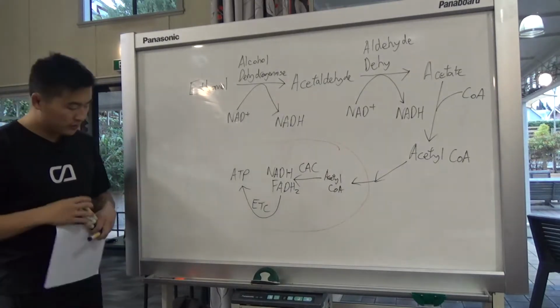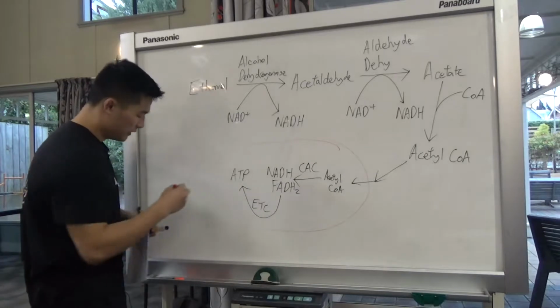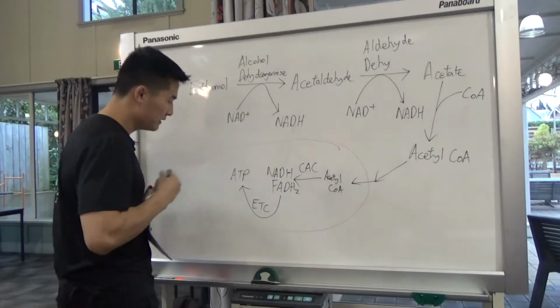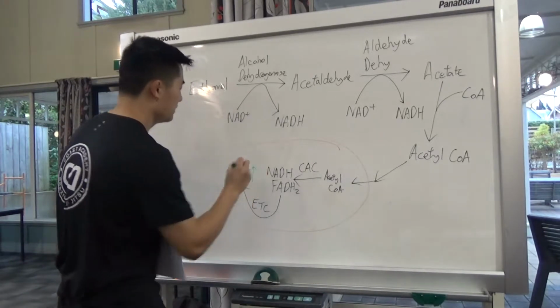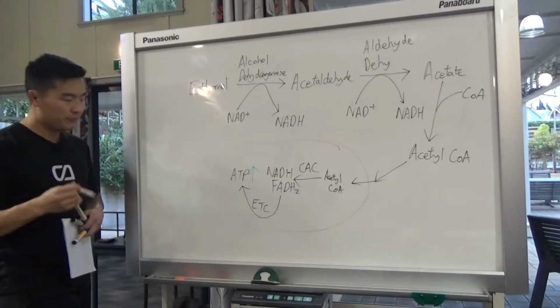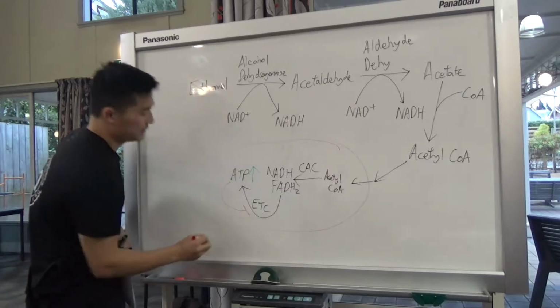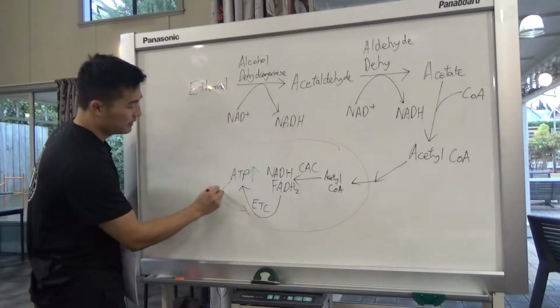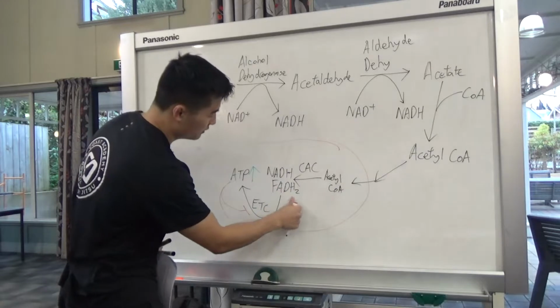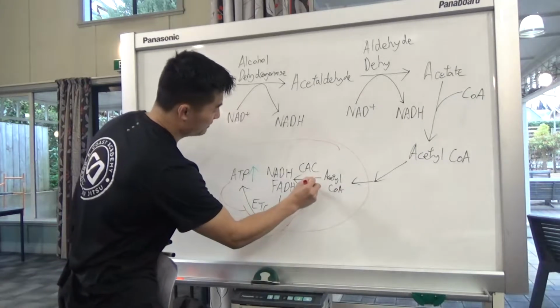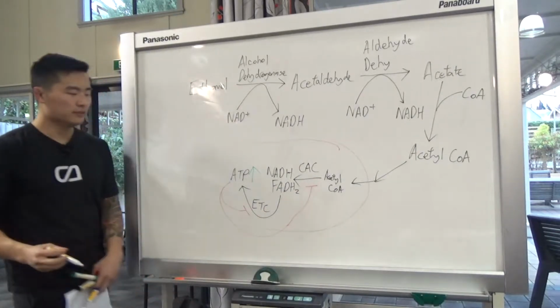And so ATP levels are going to go up, and this ATP will inhibit the electron transport chain, and it will also inhibit the citric acid cycle.